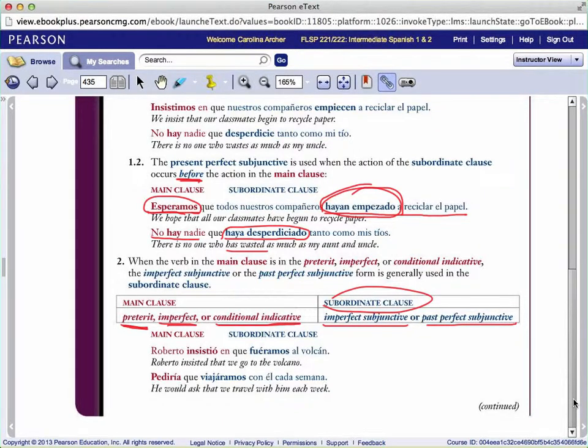So, Roberto insistió, pretérito, en que fuéramos, okay, imperfect subjunctive, al volcán. Or, pediría, conditional, pediría que viajáramos, okay, con él cada semana. ¿Sí? Again, the imperfect subjunctive. And go to the next page.